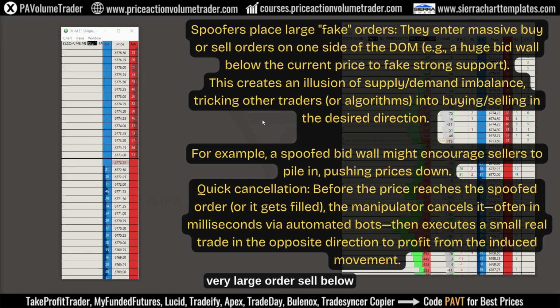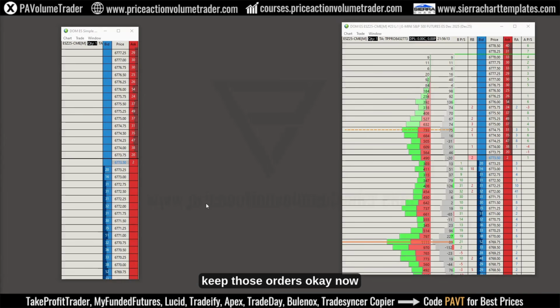That's a practice that's technically not allowed. Spoofing is not legal, because it's a way of trying to manipulate the market by making it seem like there's a level with a high amount of interest when in reality they don't want to execute those orders, okay?